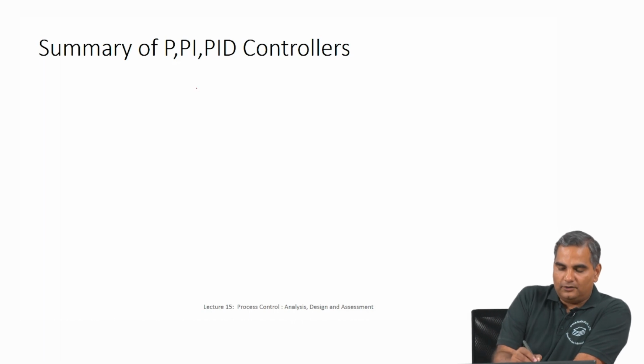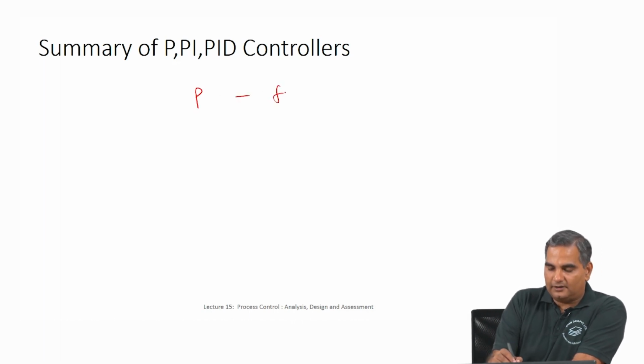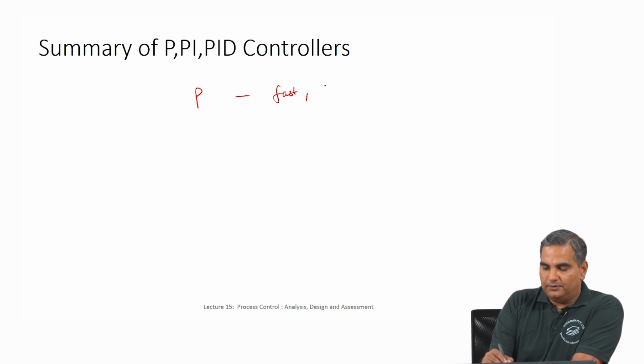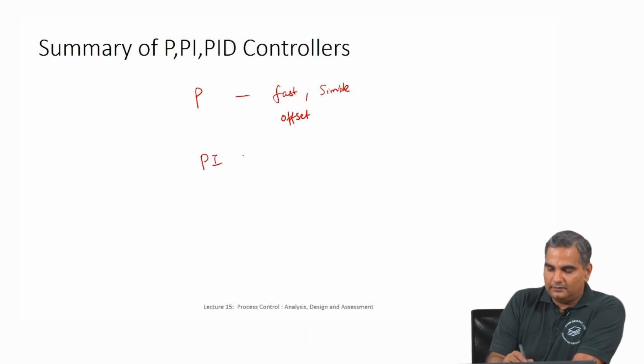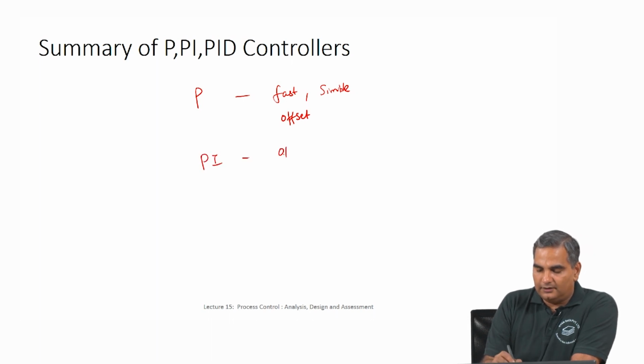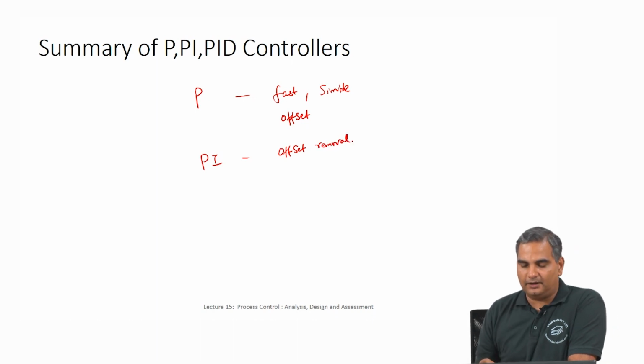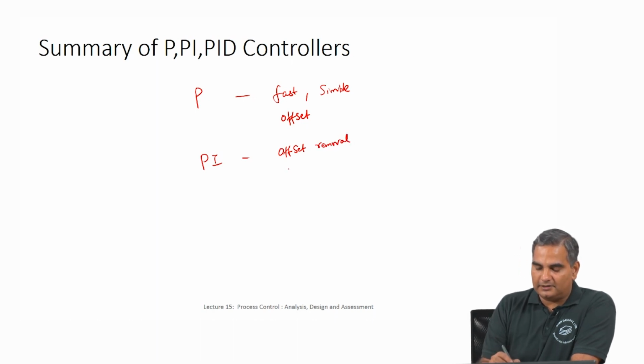Okay. So, P controller summary: it is a fast acting controller, simple, but the disadvantage is its offset. For PI, offset removal is one of the big advantages of the PI controller. However, the disadvantage is that it introduces oscillations.